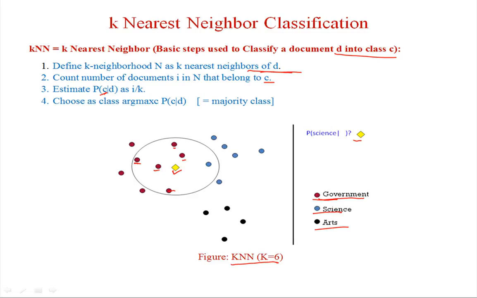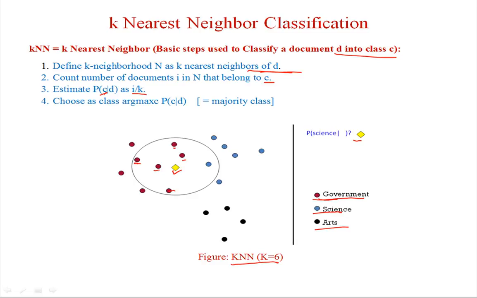Here P(C|D) for red documents: a total of 6 documents are there, and out of those 6, 5 are red documents. So for the red class P(C|D) is equal to 5 by 6, generally I by K, where I is equal to 5 and K is equal to 6.